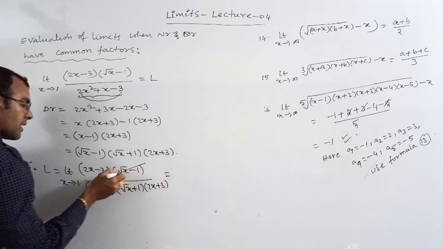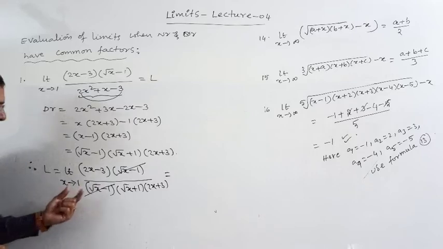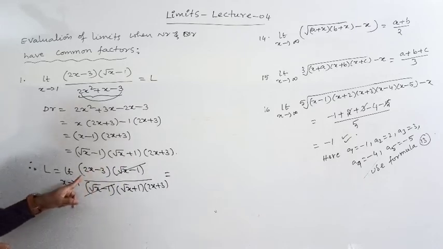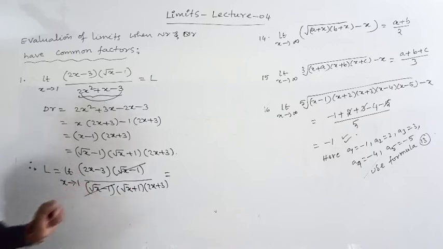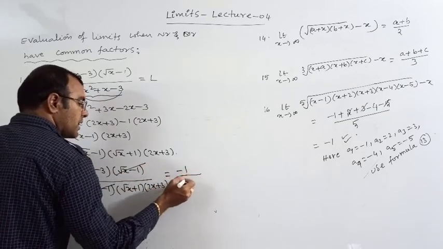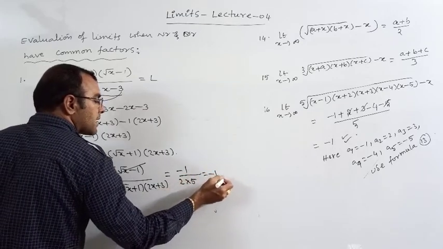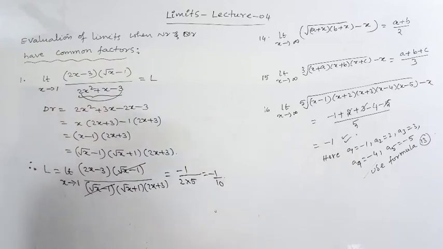Obviously root x minus 1 can be cancelled because x is approaching 1 but x is never 1. Now put x equal to 1 in the rest of the factors. You will get minus 1 by 2 into 5, that's equal to minus 1 by 10. Proceed.